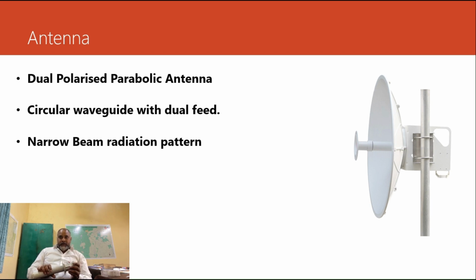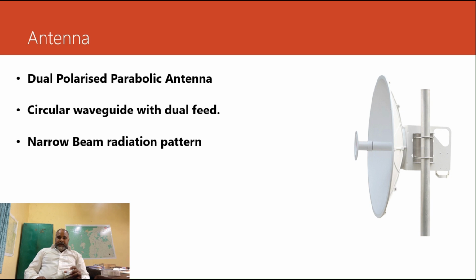The dual feed system provides two orthogonal polarizations, horizontal and vertical, on the same antenna to transmit and receive data simultaneously. This effectively doubles the channel capacity, allowing for higher throughput.